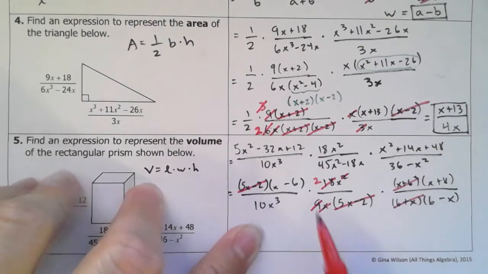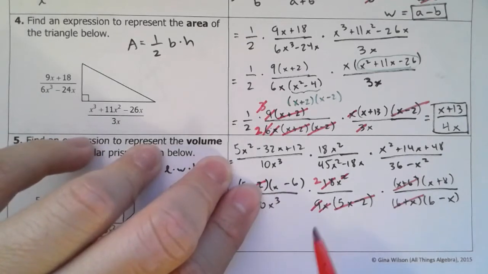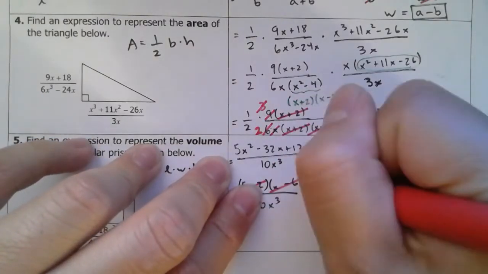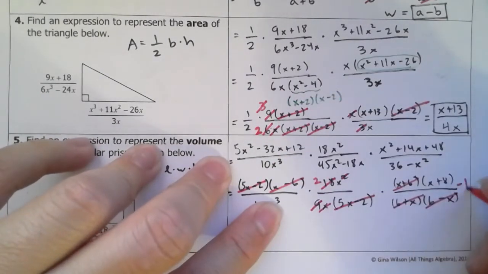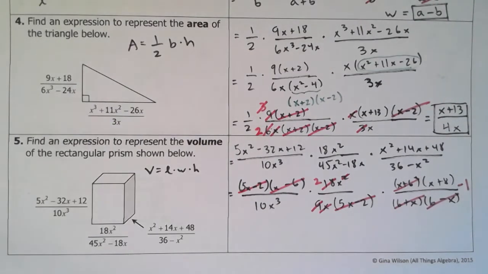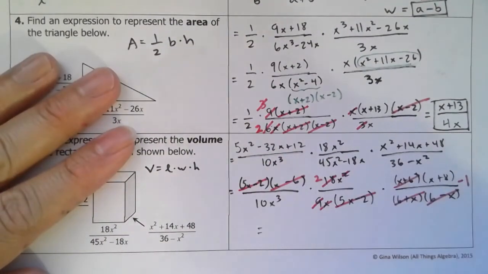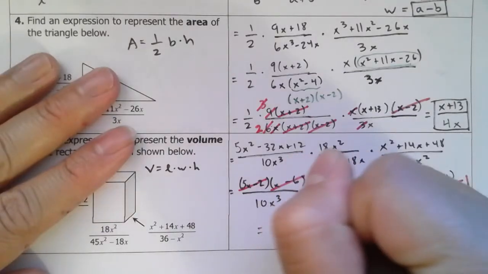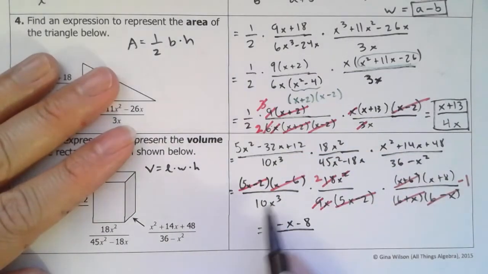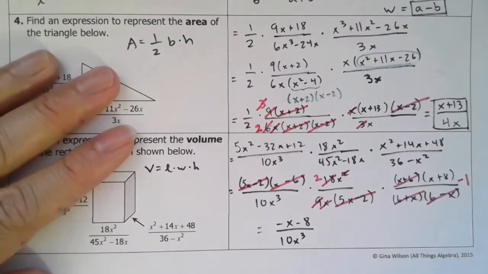Now this one, I have x minus 6, 6 minus x. It's that special property, right? When I cancel out these, they become negative 1. And I think that's it. So what's left? I have x plus 8 times minus 1. So I get negative x minus 8 all over this guy who survived the denominator, 10x to the third.